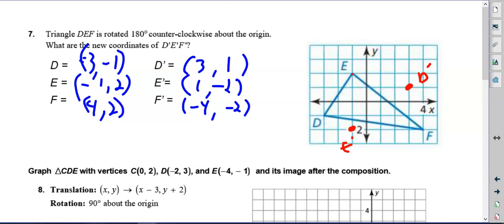Things happen. Be careful. Okay? Double check your work. And -4, -2 means left 4, down 2. And that's going to be F prime.